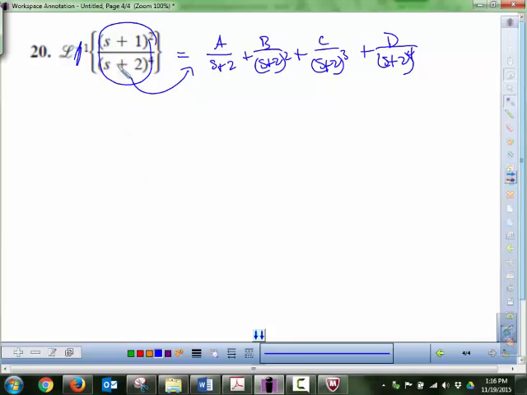And so if I multiply by s plus 2 to the 4th power, I would just have s plus 1 squared, which I'm going to eventually multiply out, is equal to, now I multiply everything by s plus 2 to the 4th power, I'm going to have A times s plus 2 to the 3rd, because one of them will cancel, s plus 2, I don't know where 3 came from, B times s plus 2 squared, and then C times s plus 2, and then D.